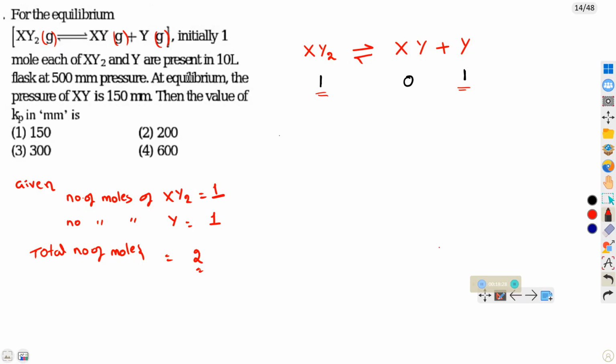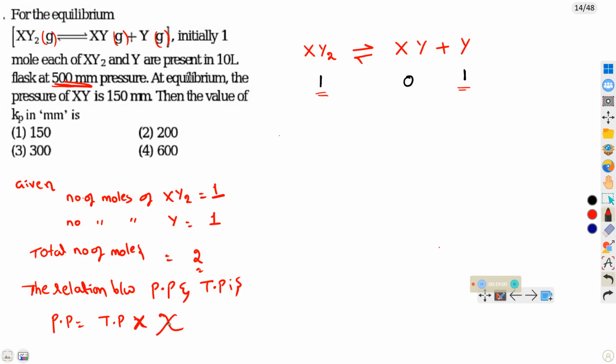Now, the initial pressure is given as 500 mm. So now calculate. According to Dalton's law, the relation between partial pressure and total pressure is: partial pressure is equal to total pressure into mole fraction.